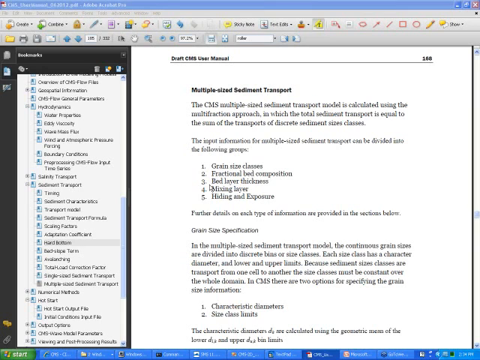Tudang is asking a question, can you calculate the longshore sediment transport using multiple grain sizes? The answer is yes. You can do it with single grain size or multiple grain sizes. It's not a number that the model will spit out automatically. You have to post-process the results. The model will give you statistics of the sediment transport for your simulation time, and I'll talk more about those model statistics tomorrow or Friday.